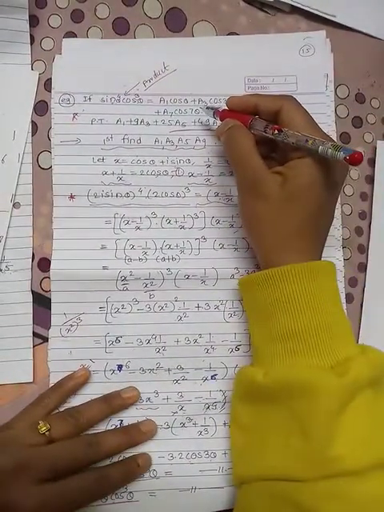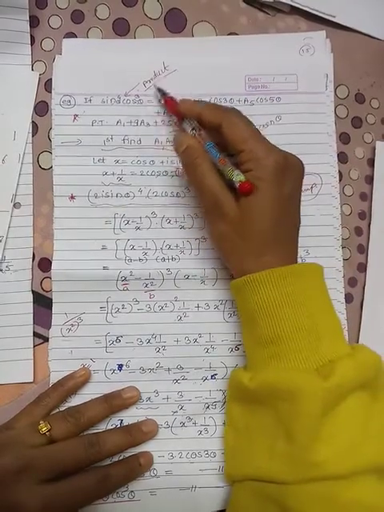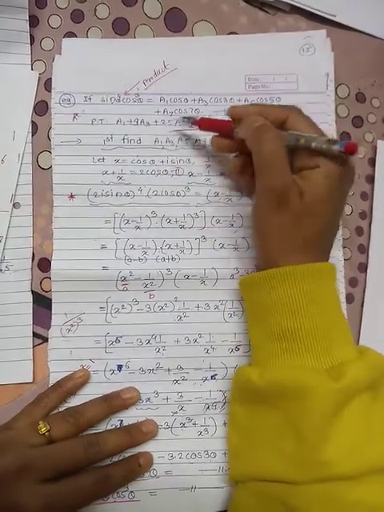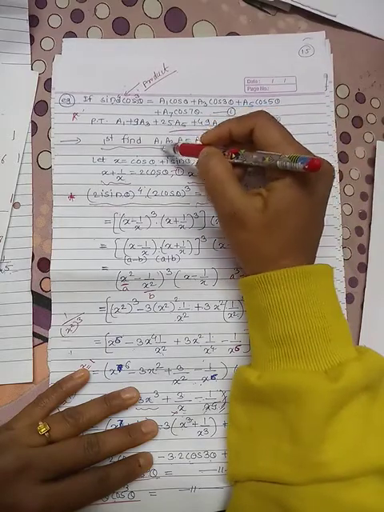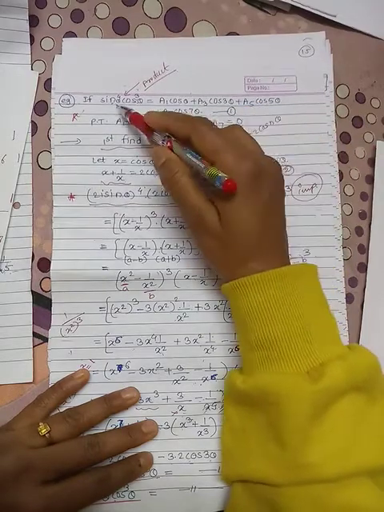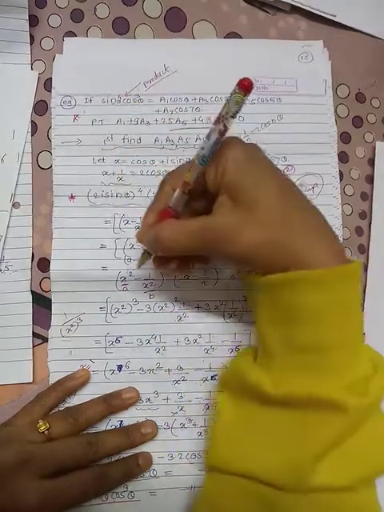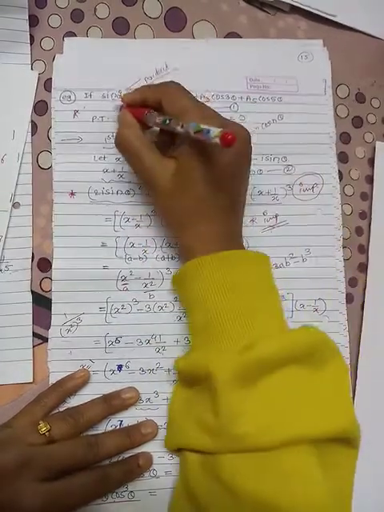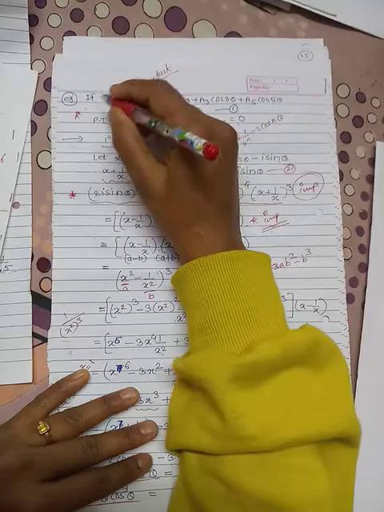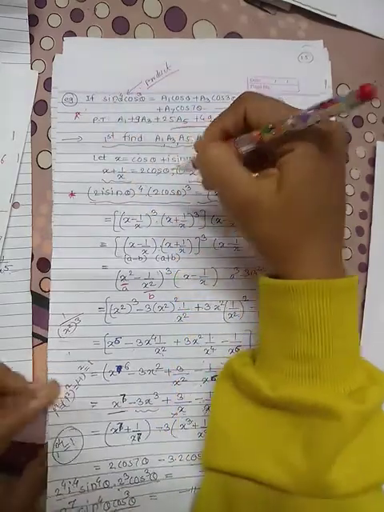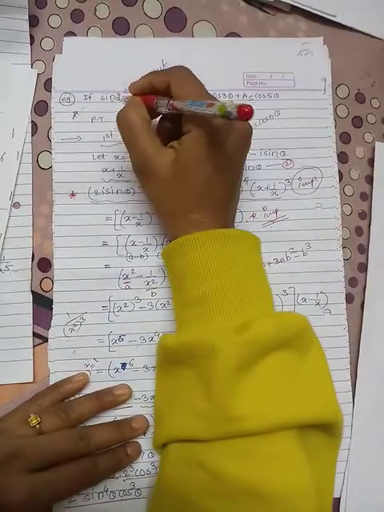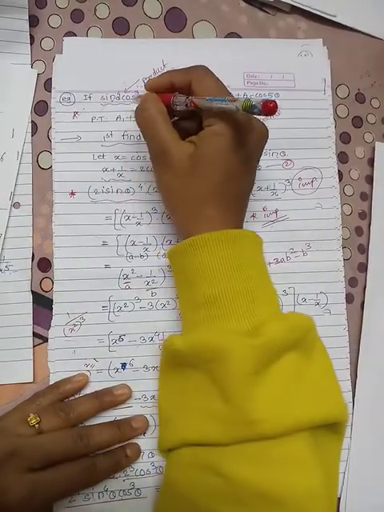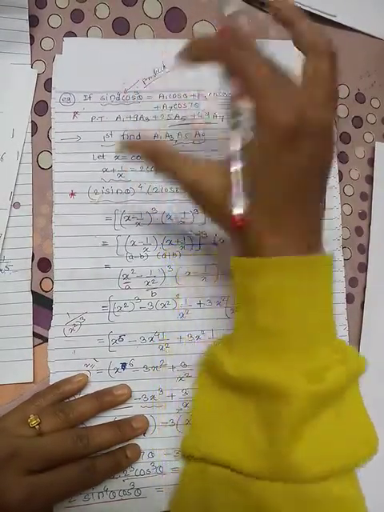So now here in the example the expansion is not asked. We have to find this equation equal to 0. That is, we have to find first a1, a3, a5, a9, and this. What we have done here: we have to get the answer of this left side, that is the expansion of this left side by the theory.